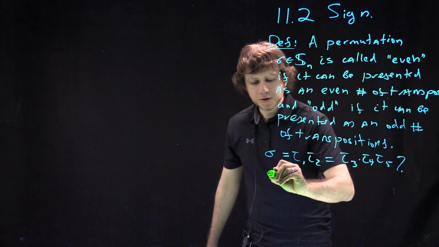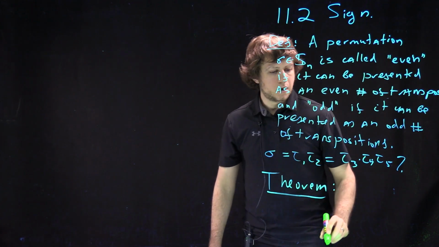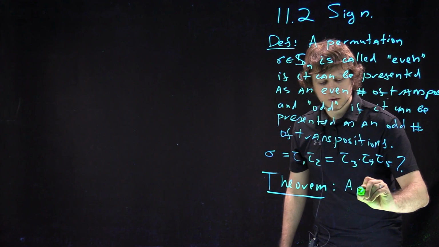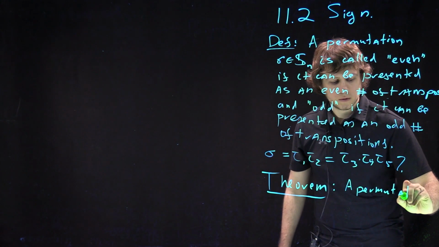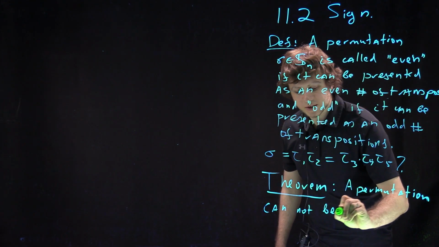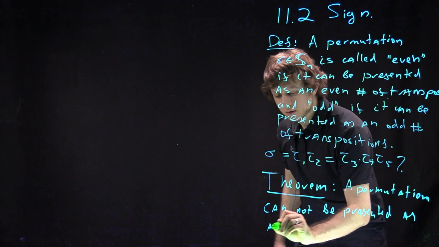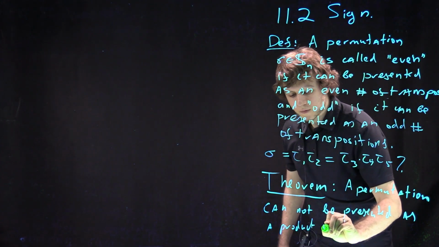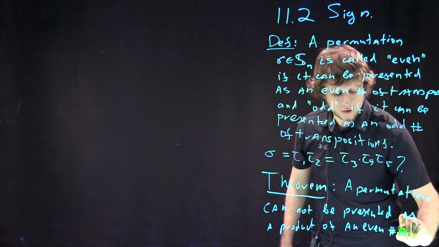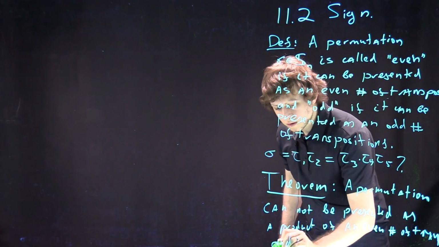So, theorem: a permutation cannot be presented as a product of an even number of transpositions and odd number.